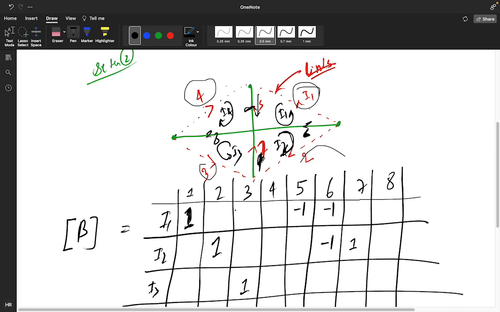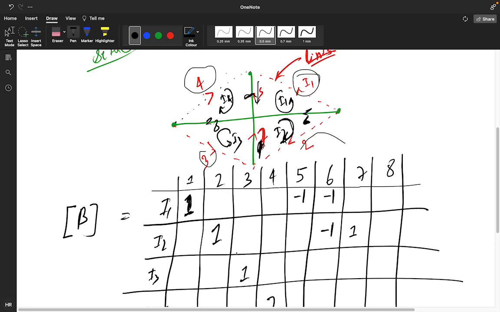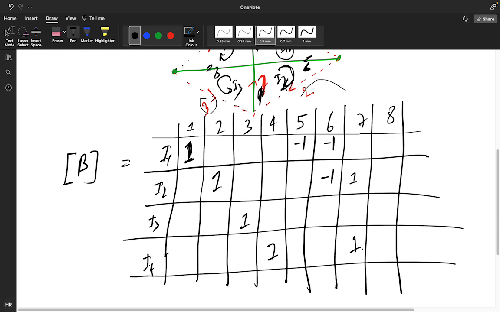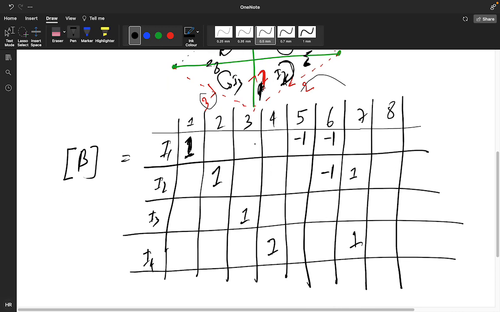And what about I3? For I3, the third part will always be 1 because the link is supporting only. And the seventh, it is supporting. And any other branch, 8, is it opposing or supporting? It's going like this, supporting only. So 8 will be 1. What about, yeah, third. So third is left.